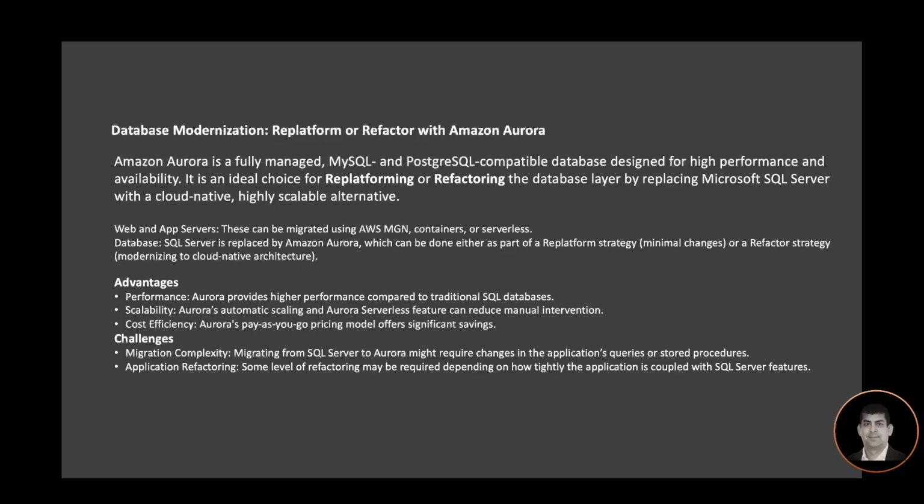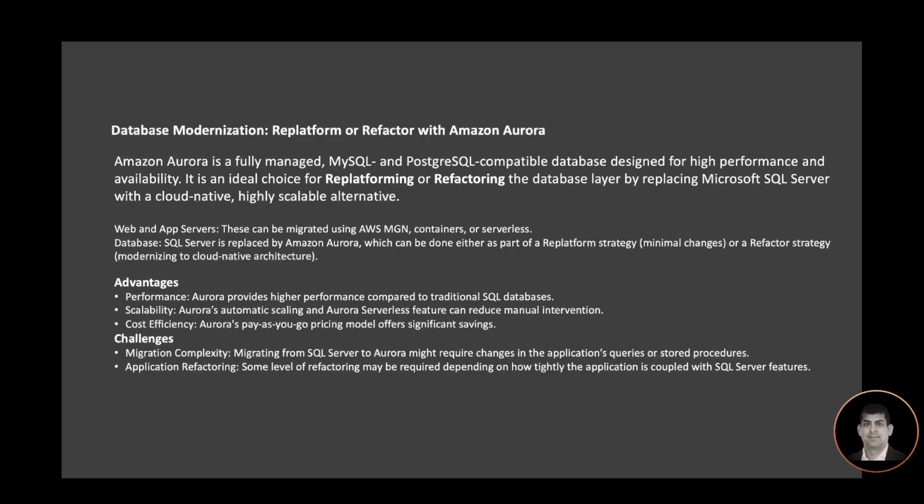And then the fourth one here is really just focus on database modernization. So this is basically you are replatforming or refactoring your database solution. So Amazon Aurora is a fully managed MySQL and PostgreSQL compatible database designed for high performance, and I should say designed by AWS because it's an AWS service.